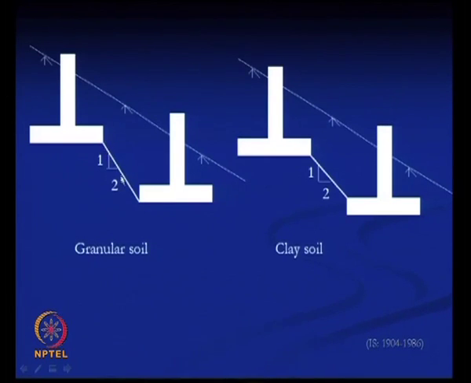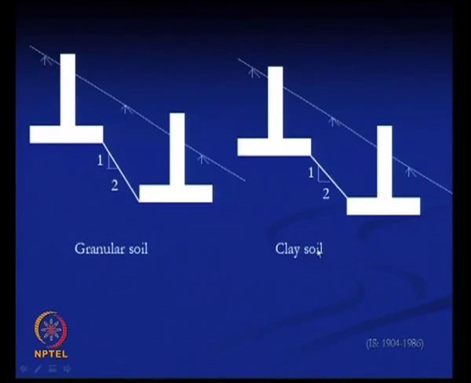That means this line should not be steeper than 1 vertical to 2 horizontal. This is the condition for granular soil.